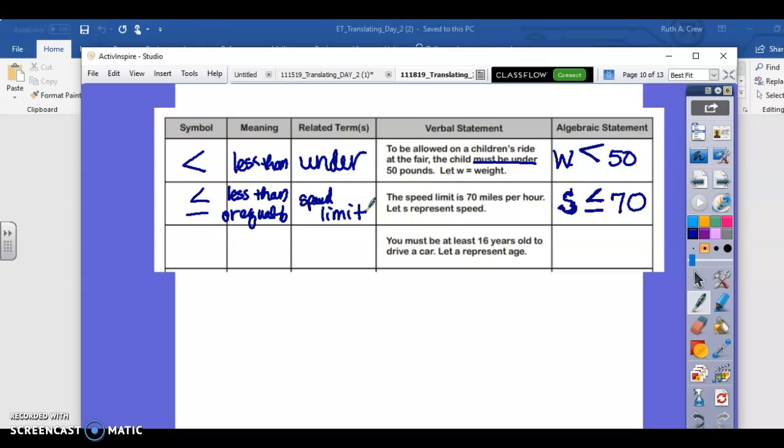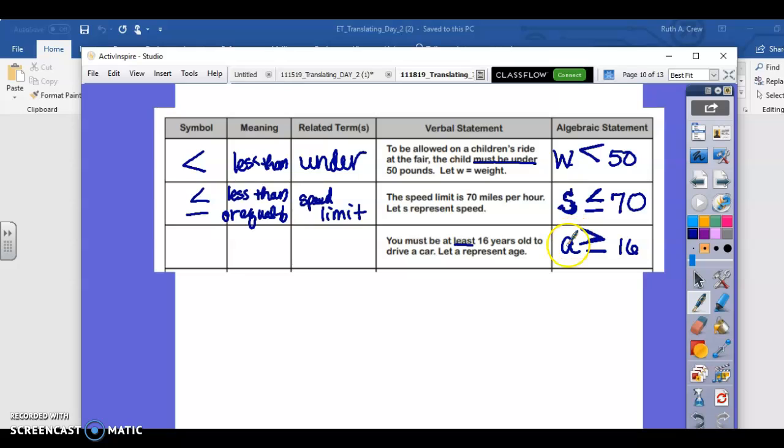Number 3. You must be at least 16 years old to drive a car. Let A represent age. So here's the age that we want to have our person, and 16 is the rule. So the age, you have to be at least 16. So you can be 16, so we could say that your age needs to be greater than or equal to 16 in order to drive a car.